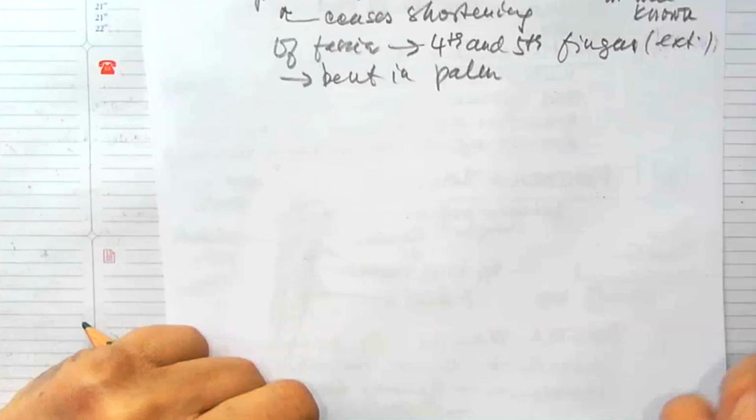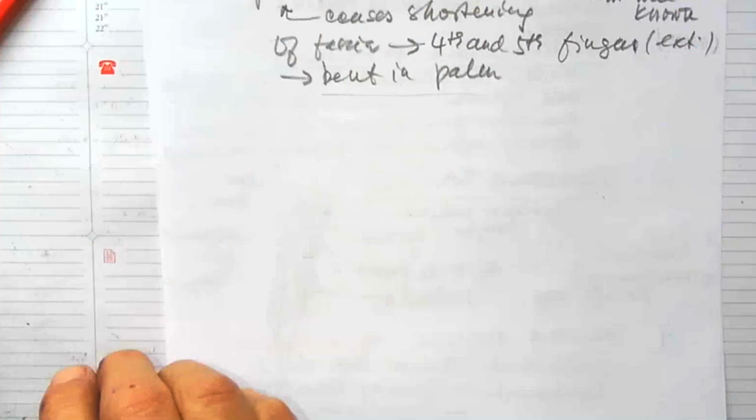So when we look at the fascia, in the extension we try to extend, but the fourth and fifth finger remain bent. This is important. They remain bent.